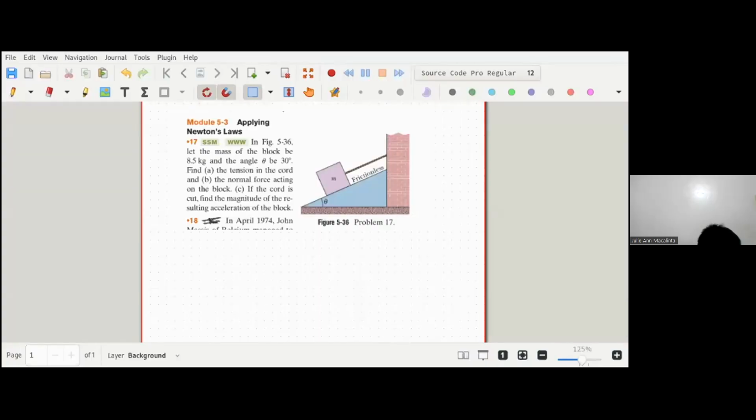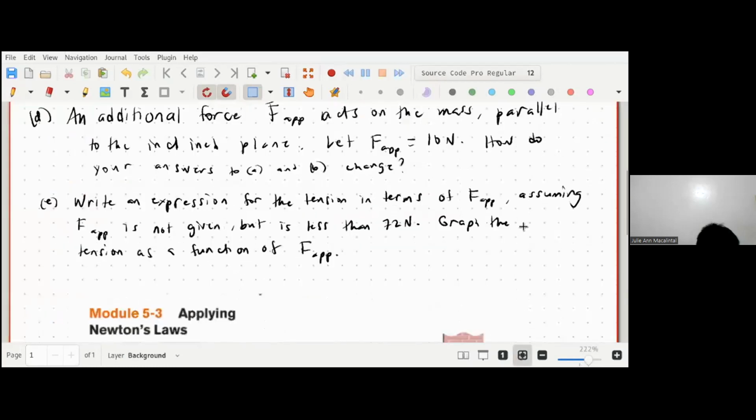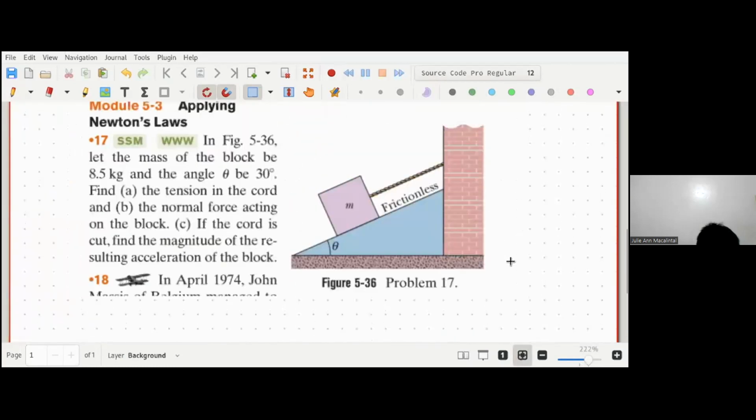Okay, what if? So ito, what if yung applied force ganito? There's a downward applied force. Or a force.